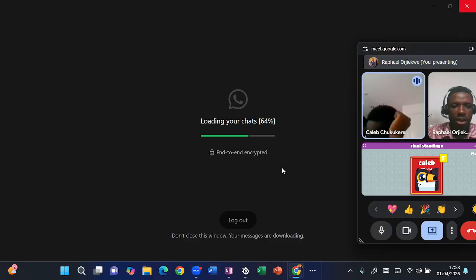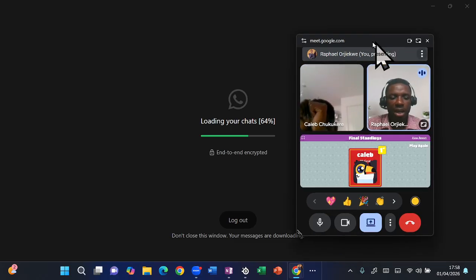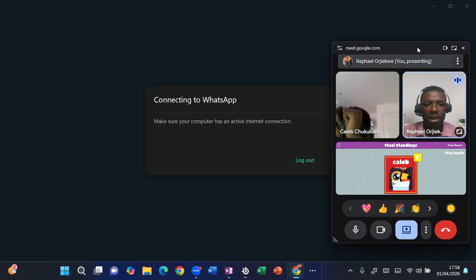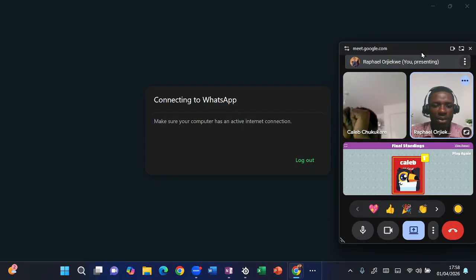It's just shutting off randomly. Okay, you may also consider extending the on-screen time. That means the time when it blanks off.